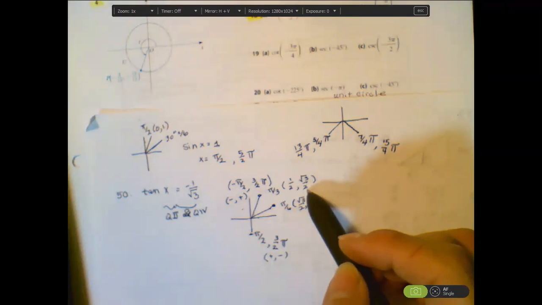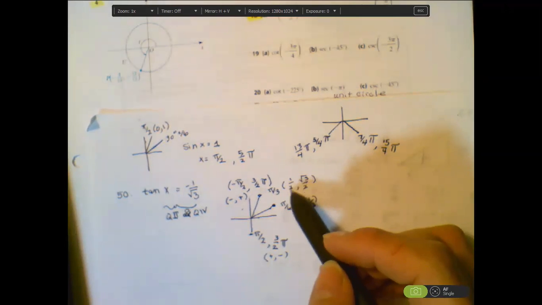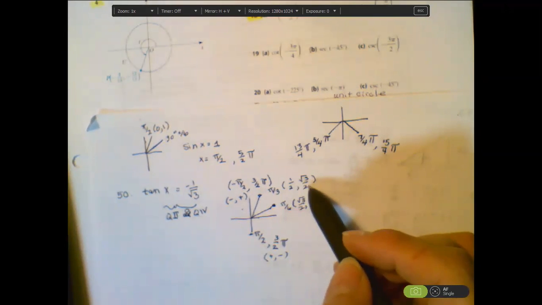At pi over 3, if I took the y and multiplied it by the reciprocal of the x, the 2's would cancel, and where would the square root of 3 end up? Top or bottom?